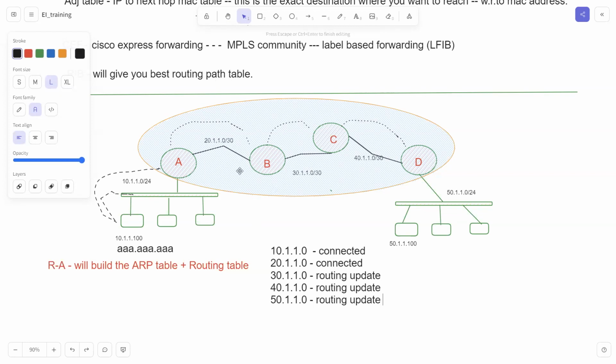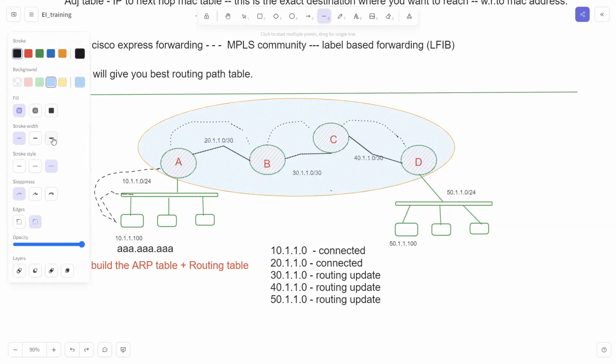Now the router has the routing table and the ARP table. Since the source is this and the destination is this, how will the packet go? The packet will go hop by hop.